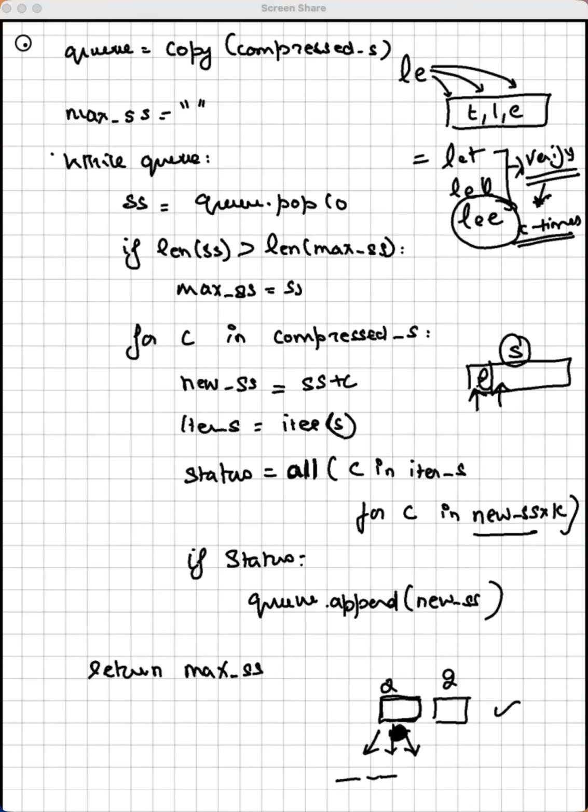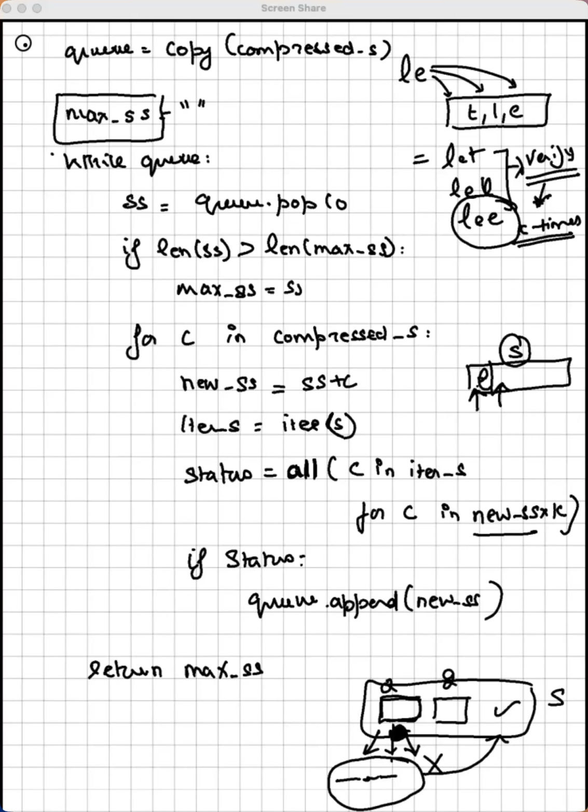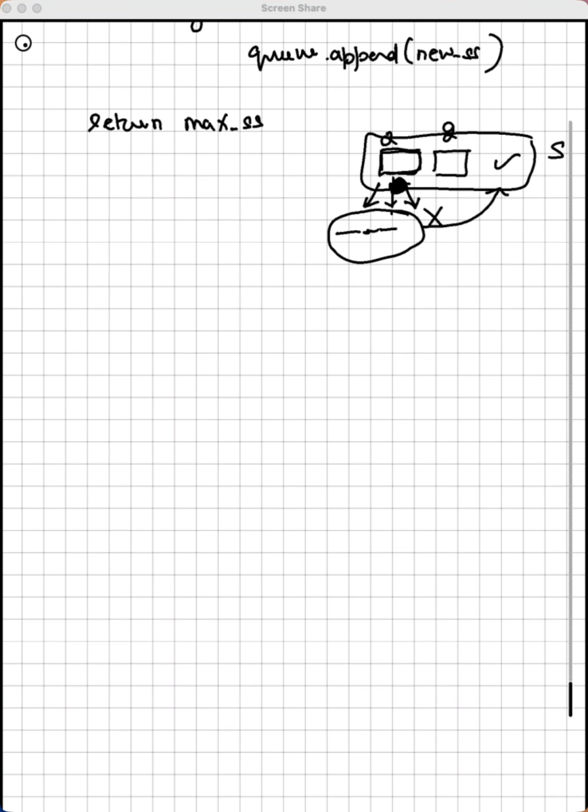As I keep expanding, I might not find this in S, so this one does not get included. As my subsequence length becomes bigger, I'm not going to find those occurrences in S, not 2 times for sure. So it's going to start exhausting whatever queue I had. By that time, I have already verified all the subsequences, and I have collected the largest subsequence in my variable max SS. So this is the logic.